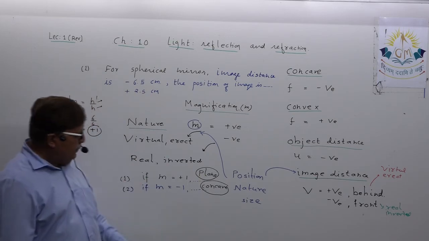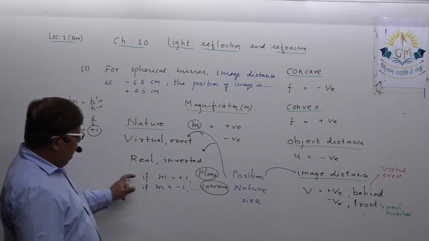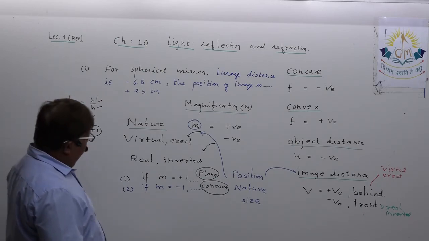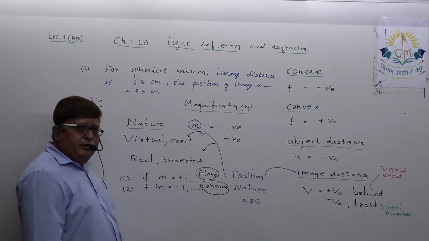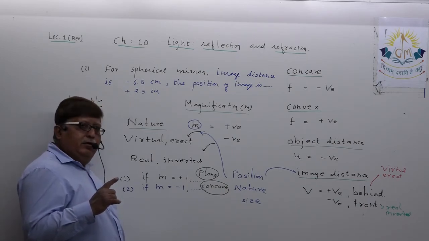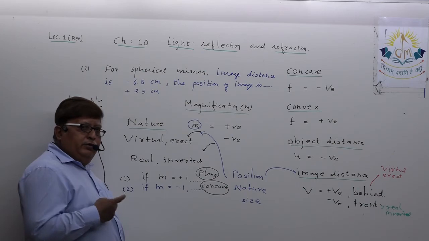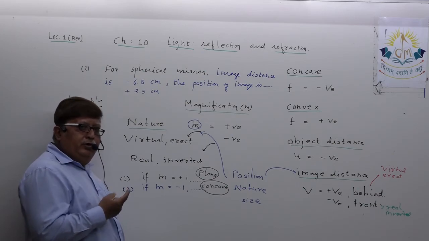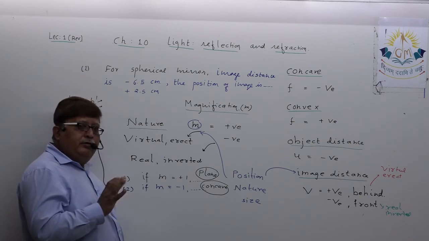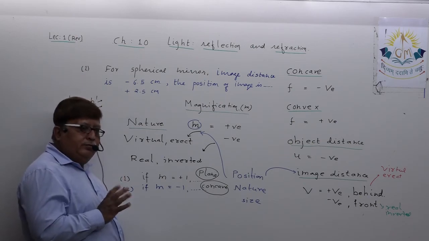Okay. Two MCQs we discussed regarding magnification. M plus 1: image is virtual, erect, and of same size. Which mirror can produce such type of image? Only plane mirror.